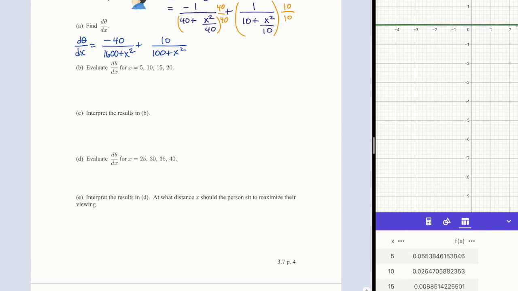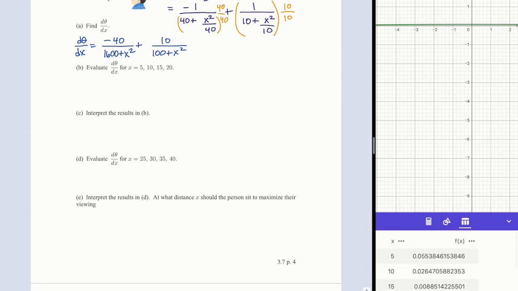I can see when x is 5, d theta dx is 0.055. When x is 10, we have 0.026. At 15, we have 0.0088, and then at 20, we have 0. And then after that, we have negative values, negative 0.004, negative 0.006, and so on, right?